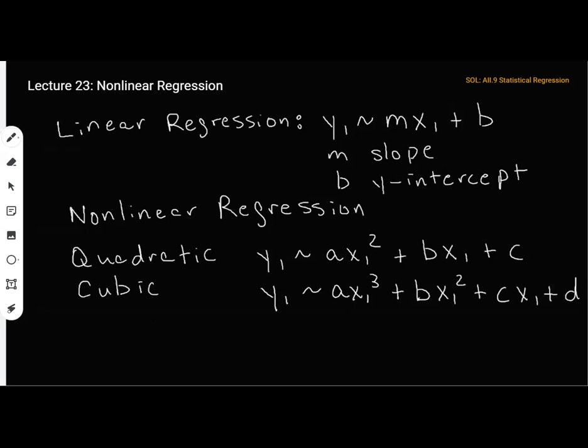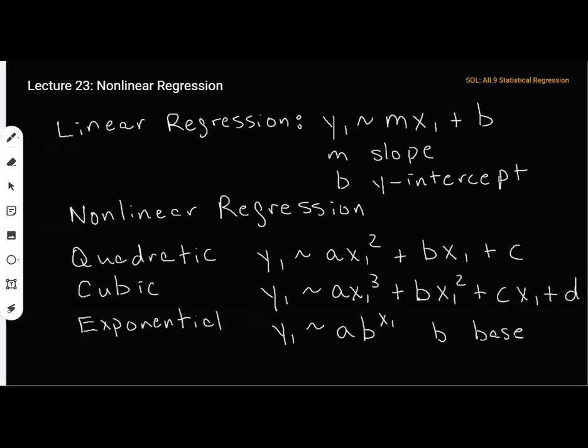So then, after cubic, we're going to look at exponential functions. So exponential functions are always going to have 2 different numbers that we're going to be looking at, an A and a B. A is going to be the coefficient and B is going to be called the base.